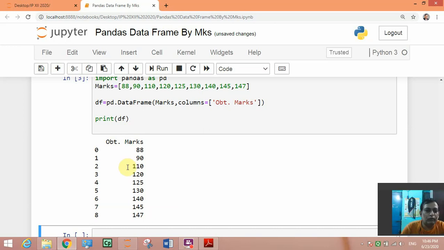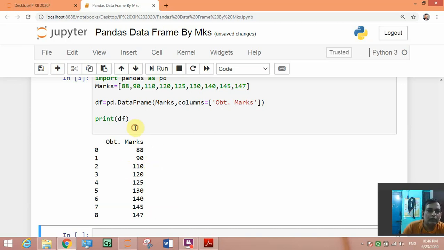Now we want to know what the first quartile is, which denotes 25% of students, and what is the maximum marks obtained by 25% of students.